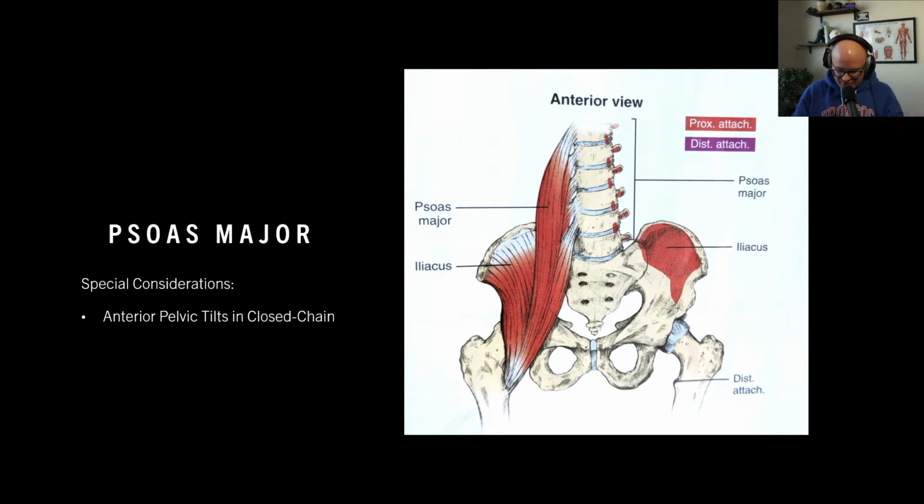So, we're looking at this Psoas major here, and you can see it originates here on the transverse processes and the anterior portions of those discs, or those vertebral bodies. So we're looking at L5, 4, 3, 2, 1. That's going to be the origin. A lot of people, when they think of the Psoas major, think of hip flexor.